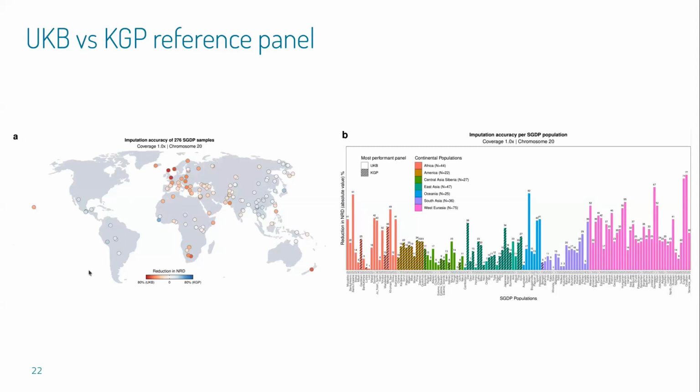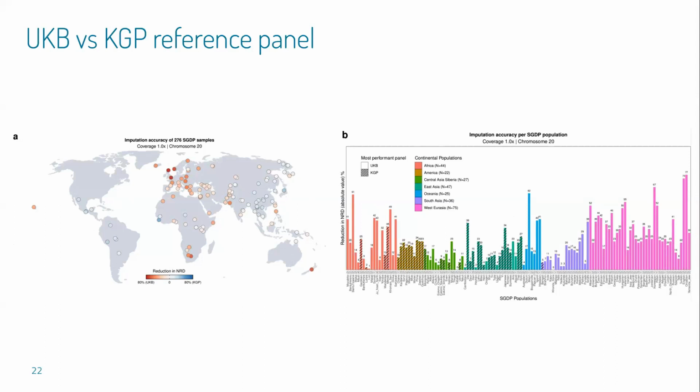For example, South American populations and East Asian populations; the Japanese population is one of those that gains more with 1,000 Genomes. So overall, this is just a note saying that the UK Biobank reference panel is a game changer for many European populations.